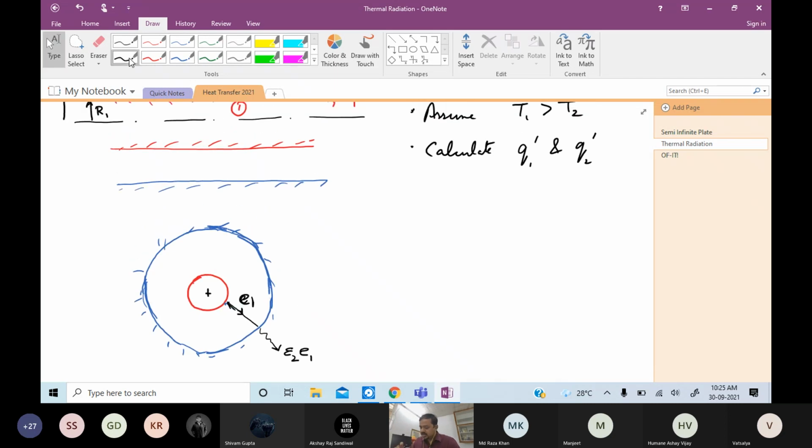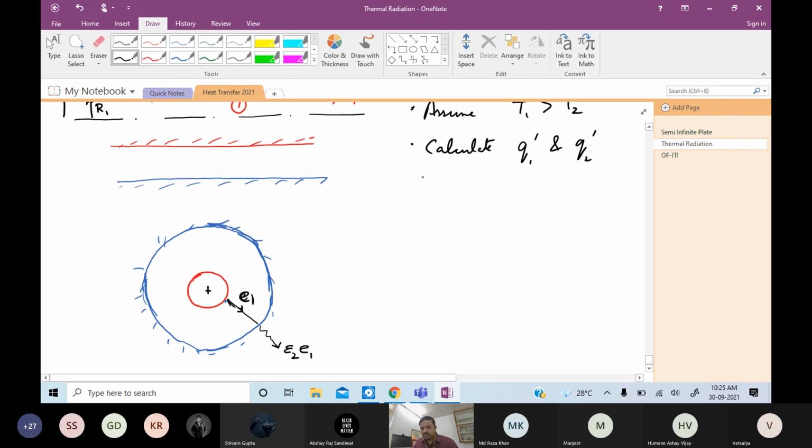Now let me come here. I'm taking notes is fine, but if you don't understand this progression, you will not be able to figure out later. So you have to understand every step here. Okay, so note f1 to 2 is equal to 1. It's a convex surface. But f2 to 1 will be a1 by a2 times f1 to 2. f1 to 2 is 1. a1 by a2.